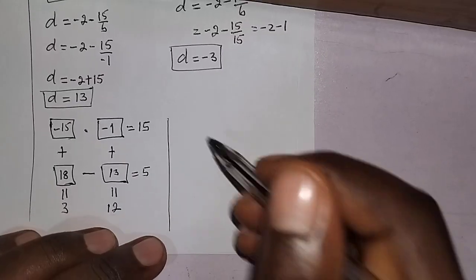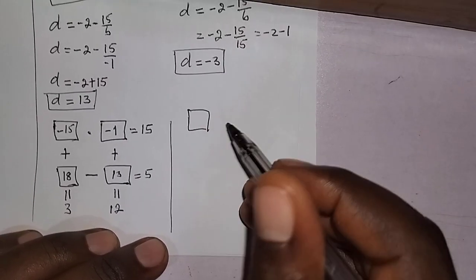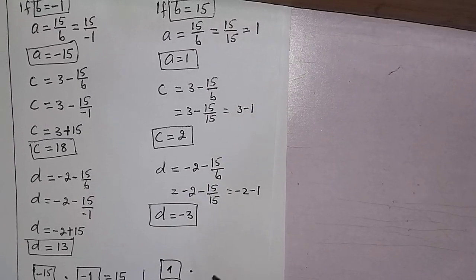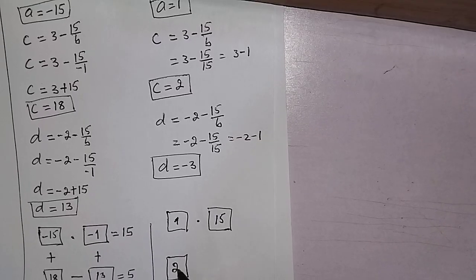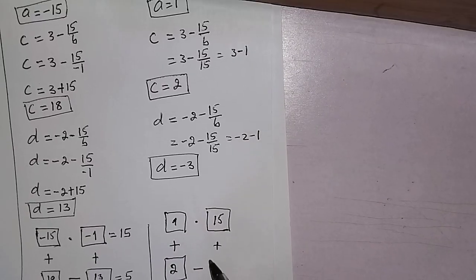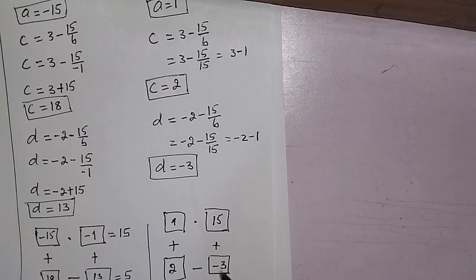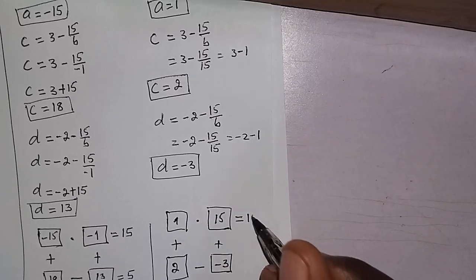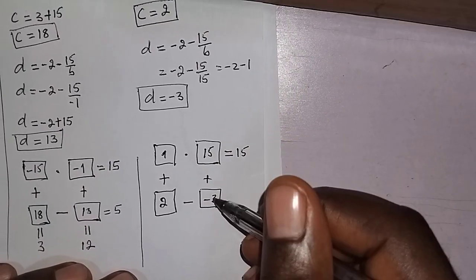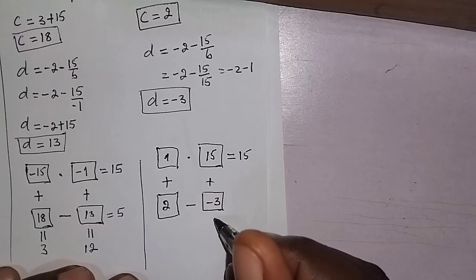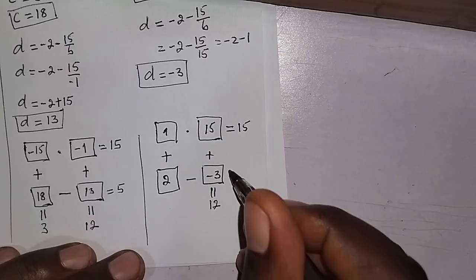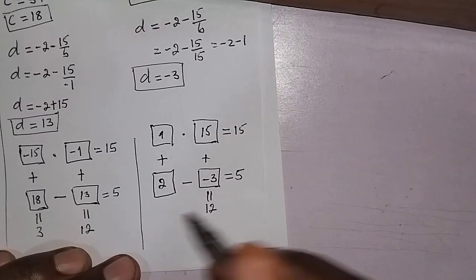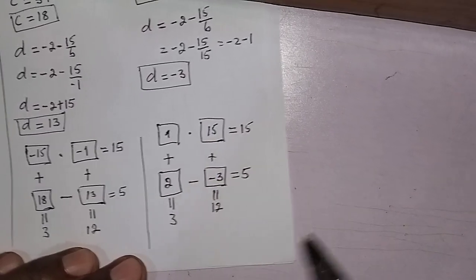And for the second case, A is equal to 1, B is equal to 15, C is equal to 2, and D is equal to minus 3. 1 times 15 is equal to 15. 15 plus minus 3, it is 15 minus 3, which is equal to 12. 2 minus minus 3, this is 2 plus 3, which is equal to 5. 1 plus 2, which is equal to 3.